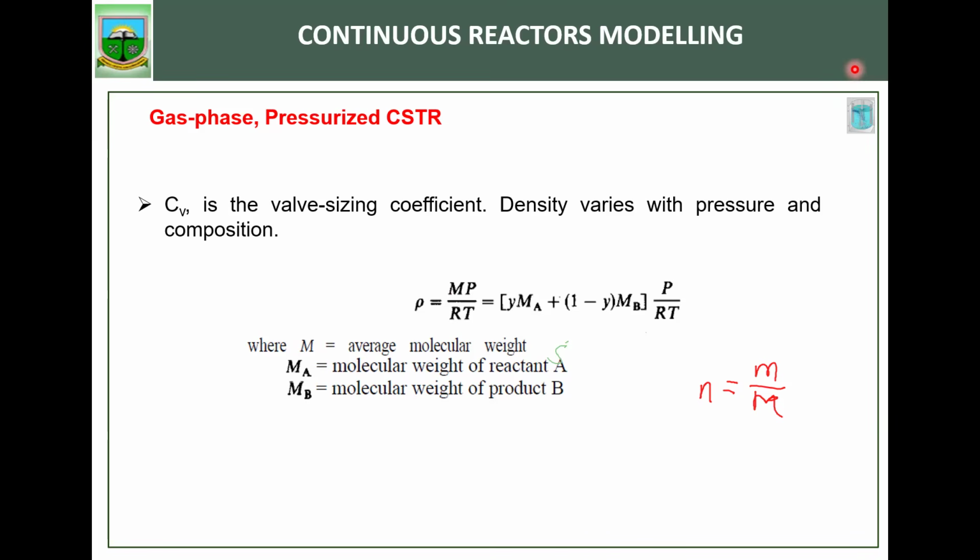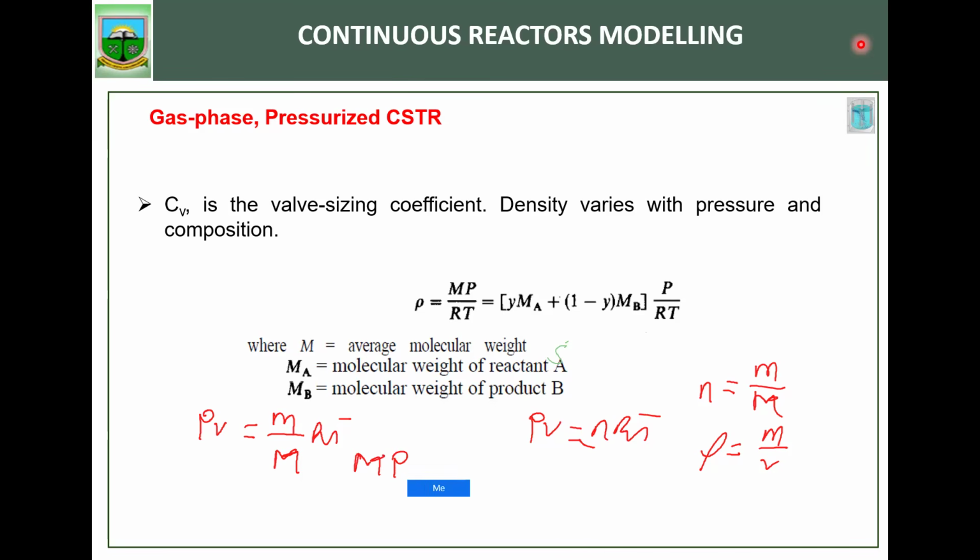And then also we know that rho is equal to mass over volume. You have your ideal gas equation as PV equal to nRT. So you can play around with this. So you now have PV is equal to capital M over molar mass times RT, right? So you have M times P times V equal to M times RT.